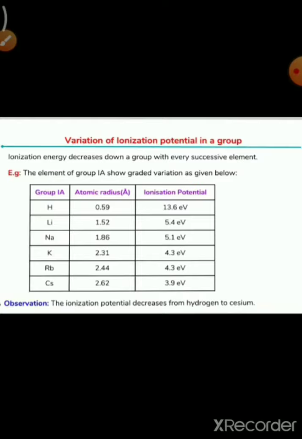So now tell me which ionization potential value will be more. In the first ionization potential, if the electron is not removed, that means we put less energy. So obviously the third ionization potential will be the greater value as compared to your second and first.